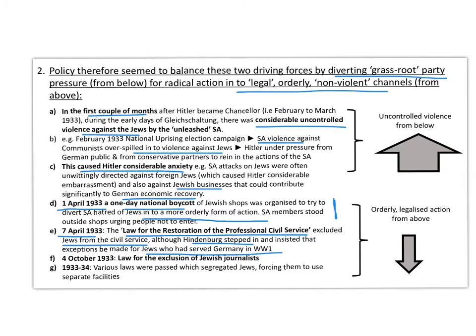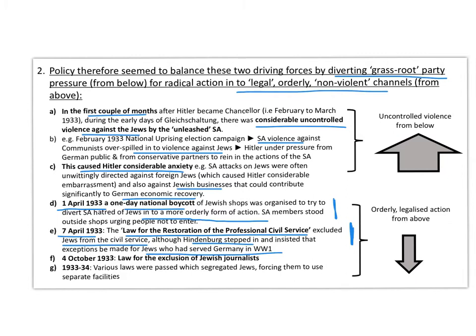We see evidence of Hitler's weakness, because Hindenburg stepped in and made an exception. But we also see evidence of the fact that Hitler's trying to channel anti-Semitism into a legal process by passing laws to discriminate against them, to take away their jobs in key areas that he doesn't want them to work, which is saying, I don't want violence on the streets.